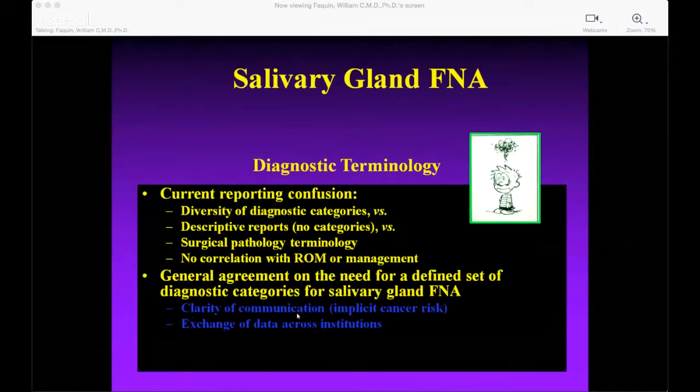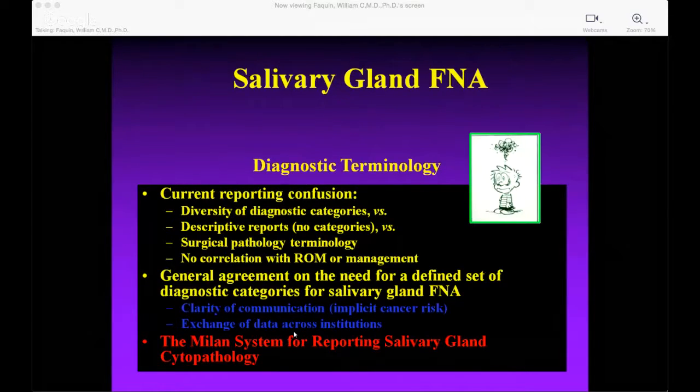This will allow for a clarity of communication between the cytologist and the treating clinician, and this communication will involve an implicit cancer risk for each cytologic diagnosis. It will also allow for exchange of data across institutions. And so what has happened is that through the support of the American Society of Cytopathology and the International Academy of Cytopathology, a group of us came together.